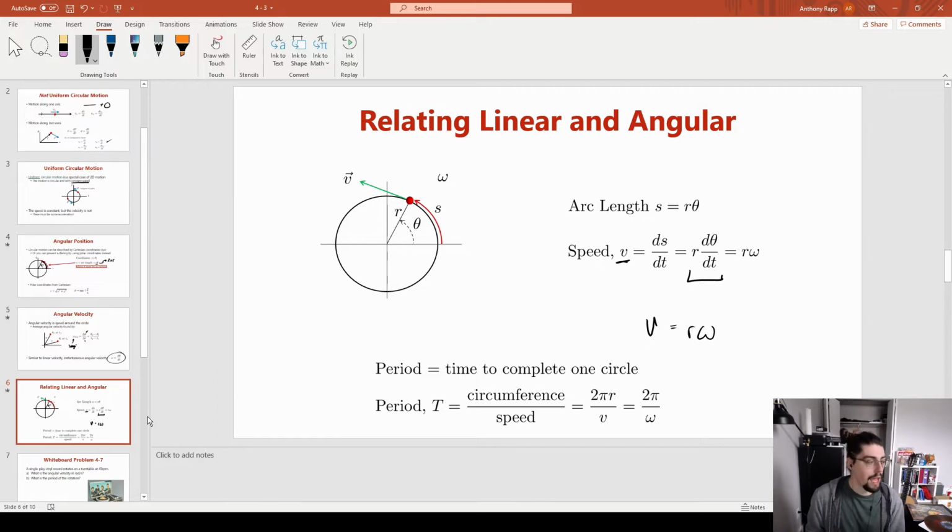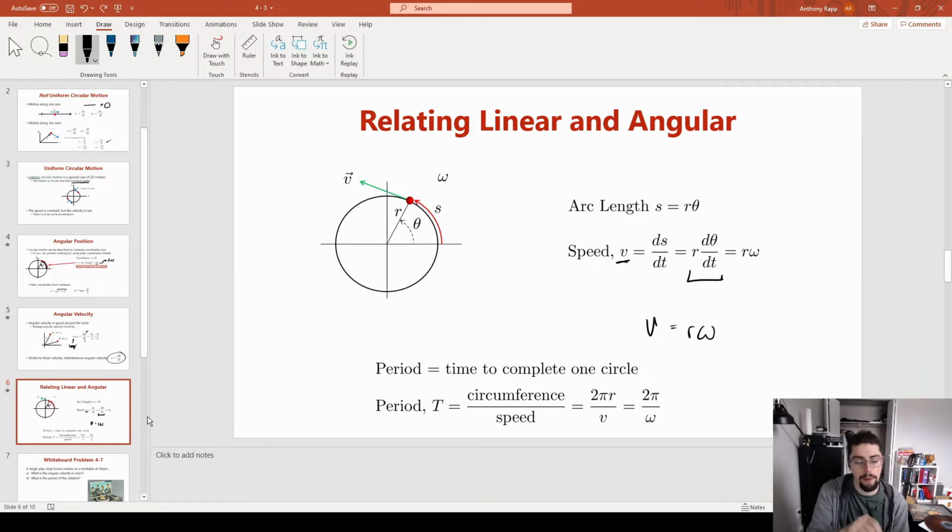One other value that we have when we're talking about the relationship between these two is one full rotation. The time it takes to complete one full rotation is known as the period, and there are a few different ways you could talk about that. For one, you could say it's the circumference, a distance, divided by my velocity, meters per second.